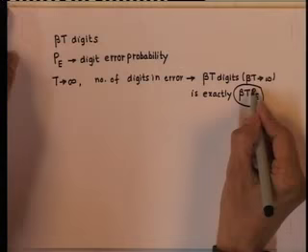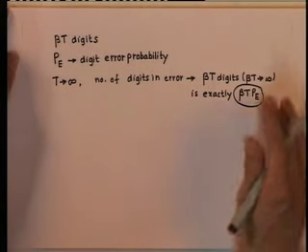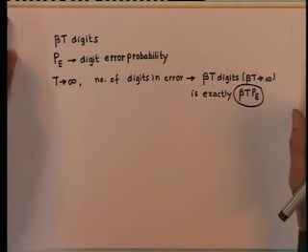Hence, the received sequences will be at a Hamming distance of beta times T times Pe from the transmitted sequence.